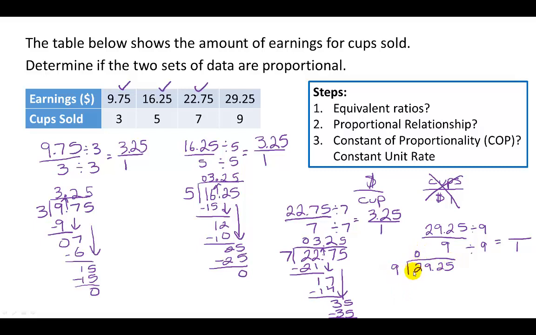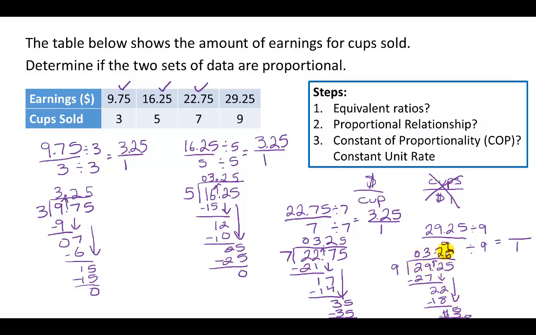9 goes 0 times into 2. 9 times 3 makes 27. 29 take away 27 is 2. Bring down a 2. 9 times 2 is 18. 22 take away 18 is 4. Bring down the 5. 9 times 5 is 45. 45 take away 45 is 0.